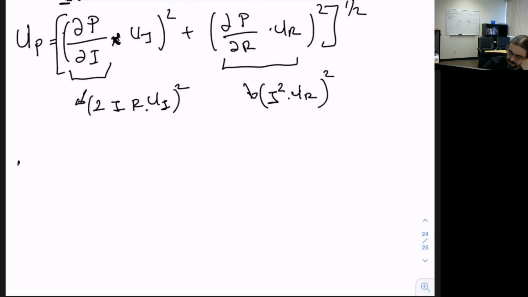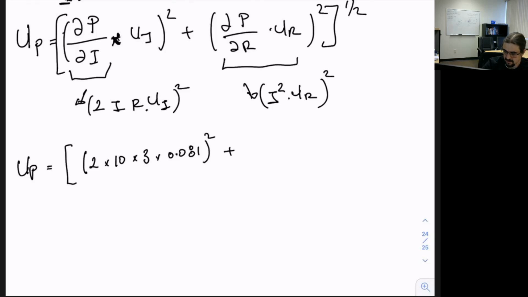If I put everything together, then UP is going to be the square root of (2 times 10 times 3 times 0.081) squared plus (3 squared times 0.051) squared, and that's going to give me plus or minus 4.9 watts.